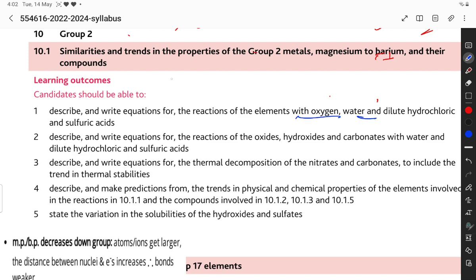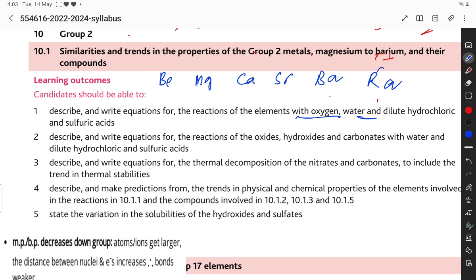So we know that group 2 contains beryllium, magnesium, calcium, strontium, barium and radium. Radium is a radioactive element.